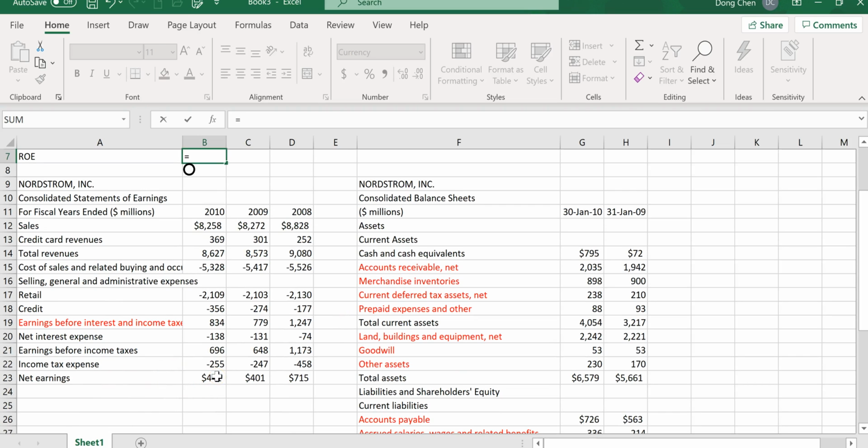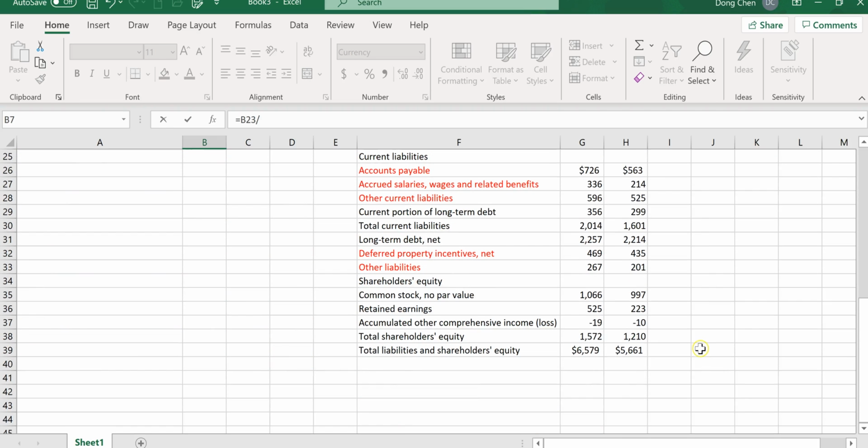The numerator is the net income, but the denominator will be the average of the total shareholders' equity. When the total shareholders' equity includes preferred stock, we need to deduct that from the total shareholders' equity. And when it includes the non-controlling or minority interest, we also need to deduct that from the total shareholders' equity. But here it doesn't have those items, so we just directly use the average of these two numbers.